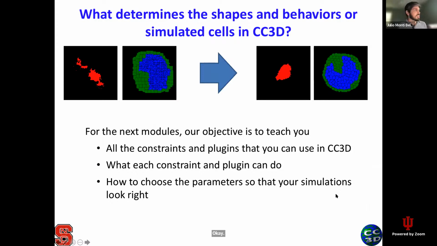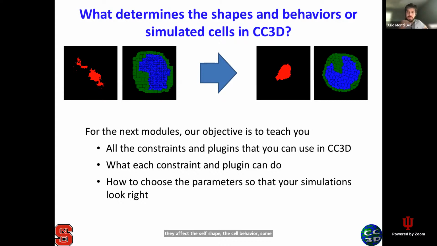So in the next module, our objective is to teach you all those constraints that you can add in our energy terms and how they affect the cell shape, the cell behavior, the cell movement, and interaction with other cells, okay?